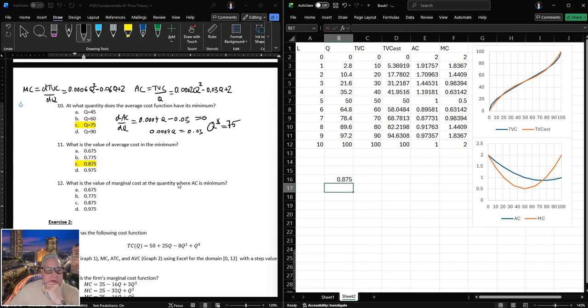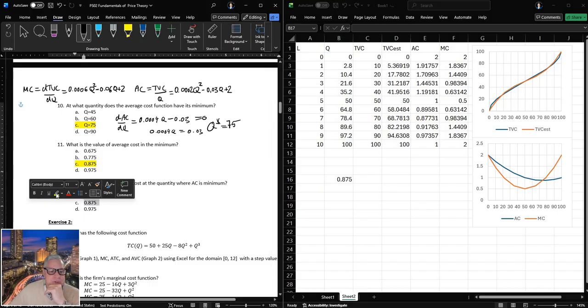Okay, and what is the value of the marginal cost at the quantity where AC is minimum? Well, that is the same, because at the minimum we know that the minimum of average variable cost always intersects with the marginal cost. So that answer is also 0.875.